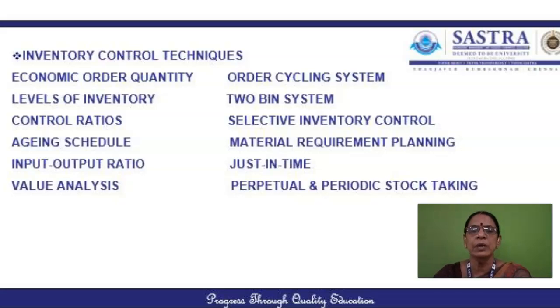Next comes the economic batch quantity. It is also called as optimal batch quantity or economic production quantity, and it is a measure used to determine the number of units that can be produced at a minimum average cost in a given batch or a production run.